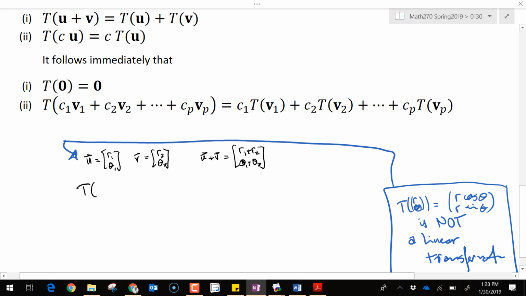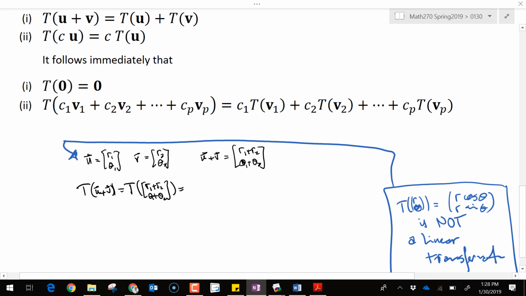T of u plus v is equal to T of r1 plus r2, and then theta 1 plus theta 2. Okay.